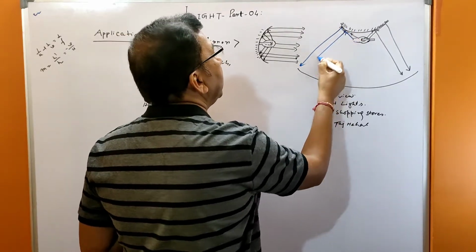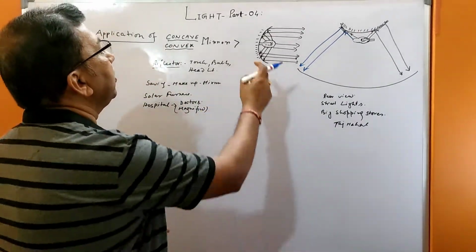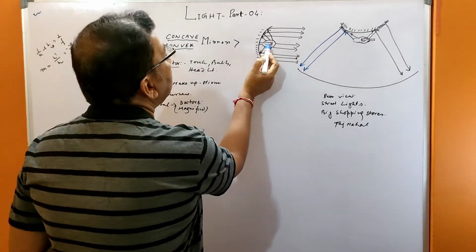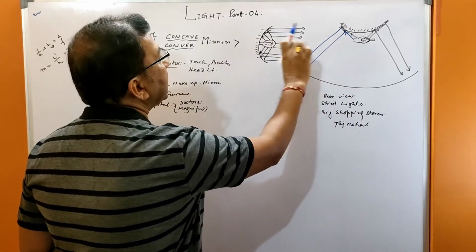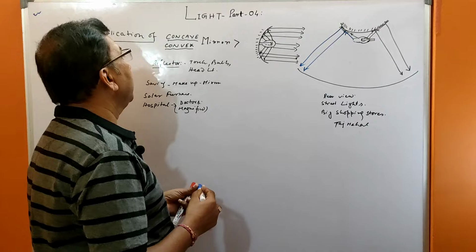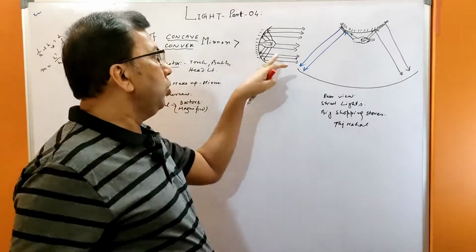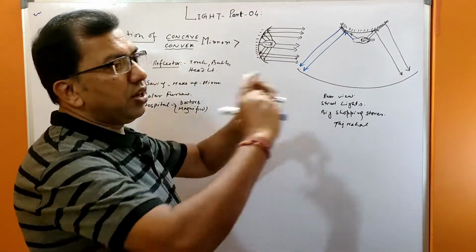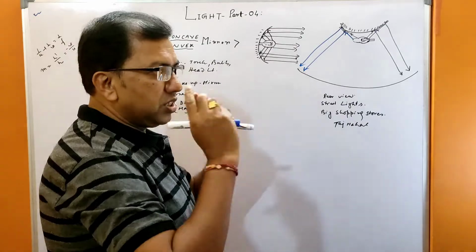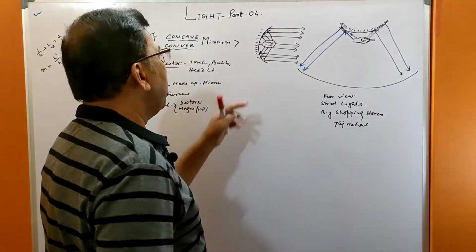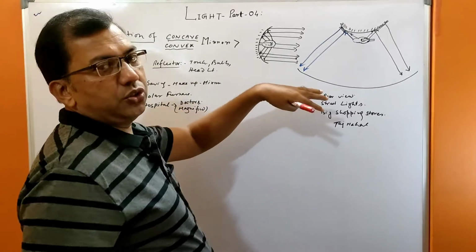In the concave mirror, parallel beams of light are produced. So what is the application of the concave mirror? In torches, bulbs and headlights of vehicles we can use this. It can focus the light in a particular direction so we can see clearly. Torch, bulb, headlights, and it is also used as a shaving makeup mirror.